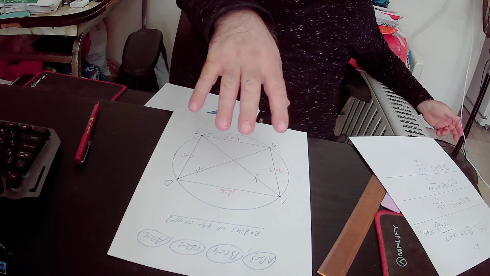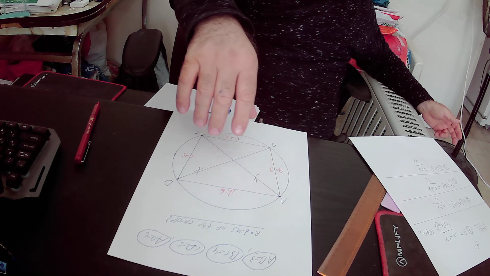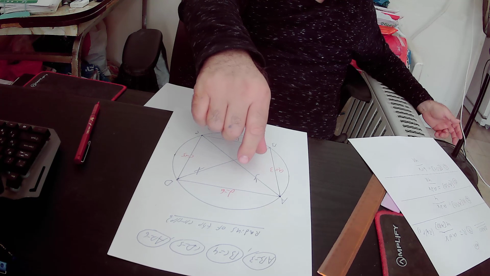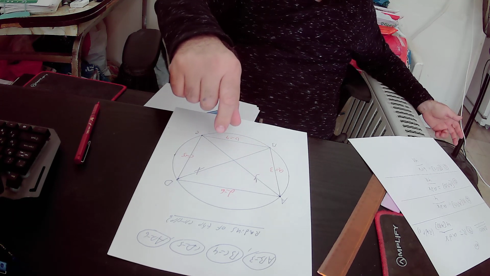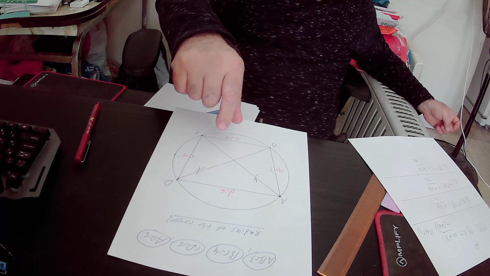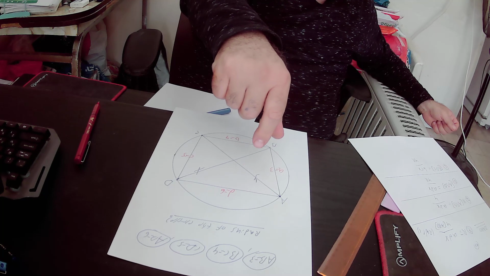Therefore, the area of quadrilateral ABCD will be equal to the sum of the areas of those 2 triangles. That is to say, it will be equal to the area of triangle BDC plus the area of triangle ABD.